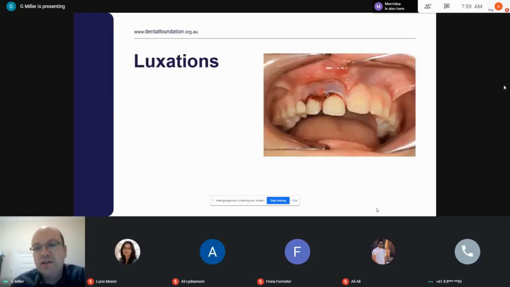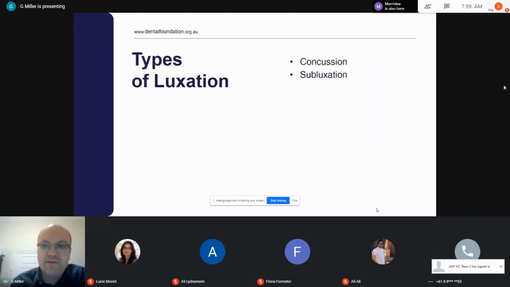Luxation injuries involve the displacement of teeth, either laterally, or they can be intrusive or extrusive luxations. In those cases, we call them an extrusion or an intrusion. The types of luxation are concussion and subluxation, which is mild loosening of the teeth.